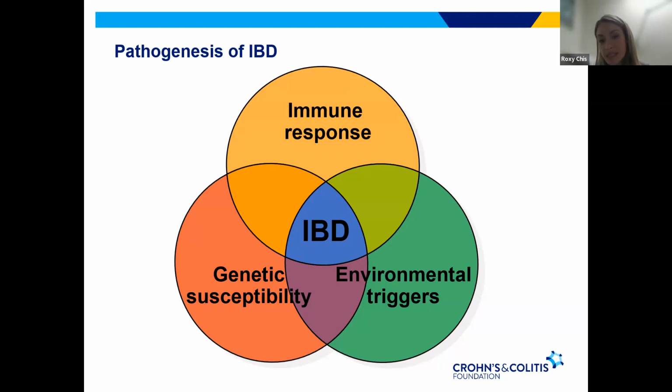But in IBD, the immune response gets overly sensitive, overly active, and it recognizes that helpful bacteria as an invader, which causes it to attack the bacteria, causing inflammation. When this inflammation is not managed, it leads to chronic inflammation and then inflammatory bowel disease with all of its sequelae.